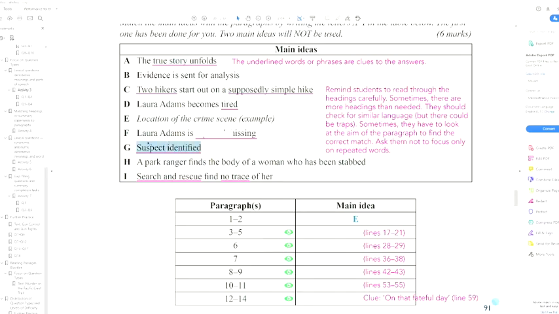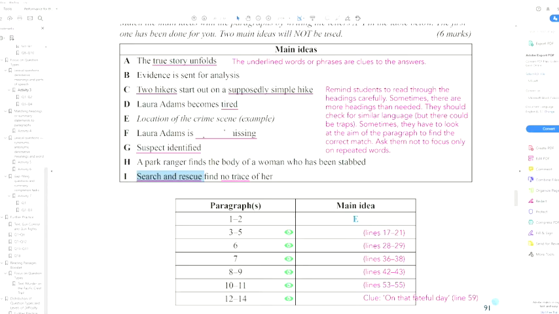Suspect identified. That would mean a person that they are looking for. They've given a name to it. They know who that is. And search and rescue find no trace of her. That would mean the groups of people who go look for her cannot find anything. They can't find her. They can't find where she was before.